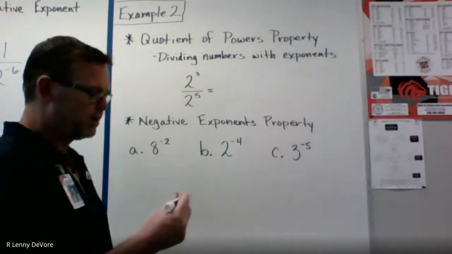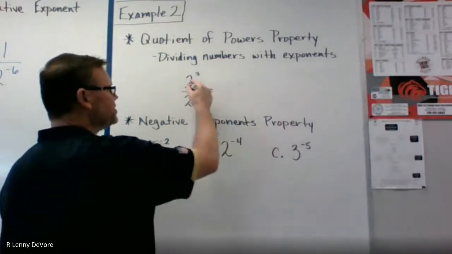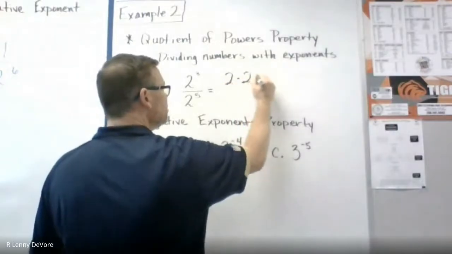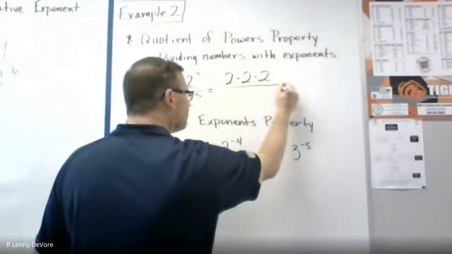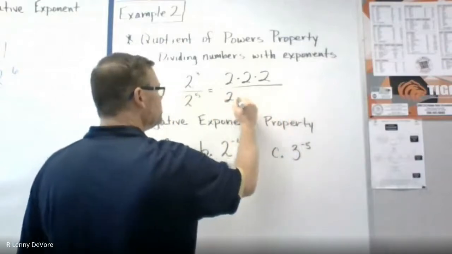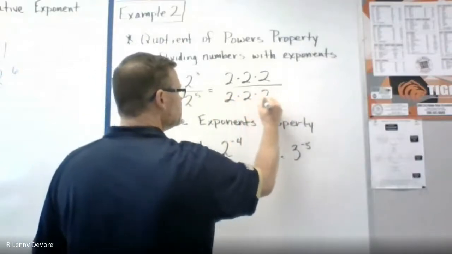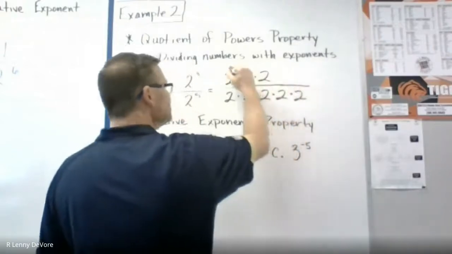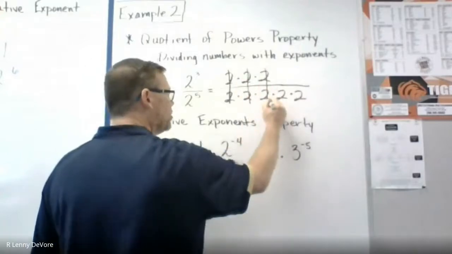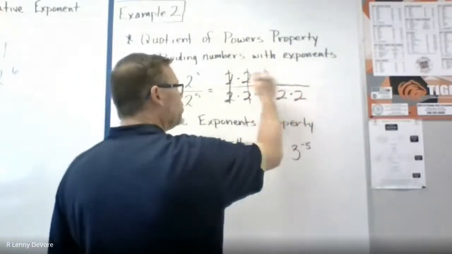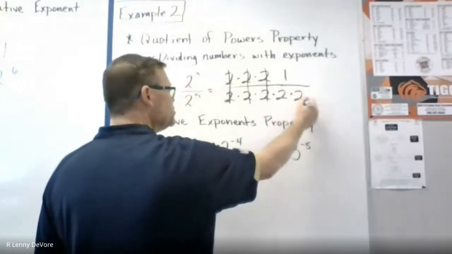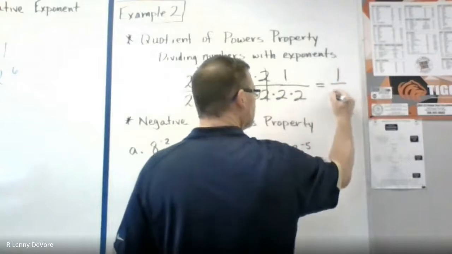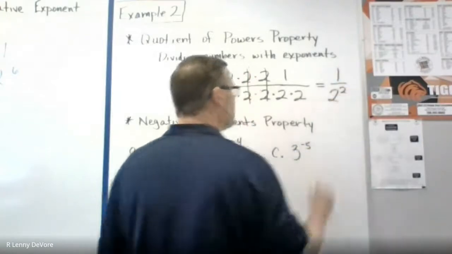What they're saying is that this is 2 to the third power, which means 2 multiplied by 2 multiplied by 2, over 2 to the fifth power, which is 2 multiplied by 2 multiplied by 2 multiplied by 2 multiplied by 2. This means that these 2's cancel each other out, and all I have left is 1, and then 2 multiplied by 2. So this is actually going to equal 1 over 2 to the second power.